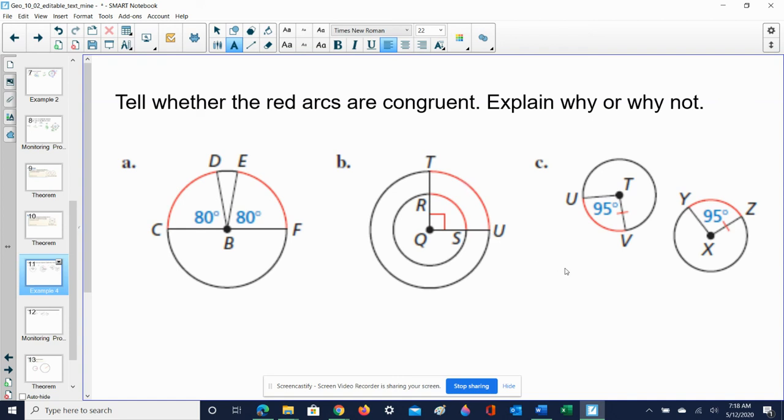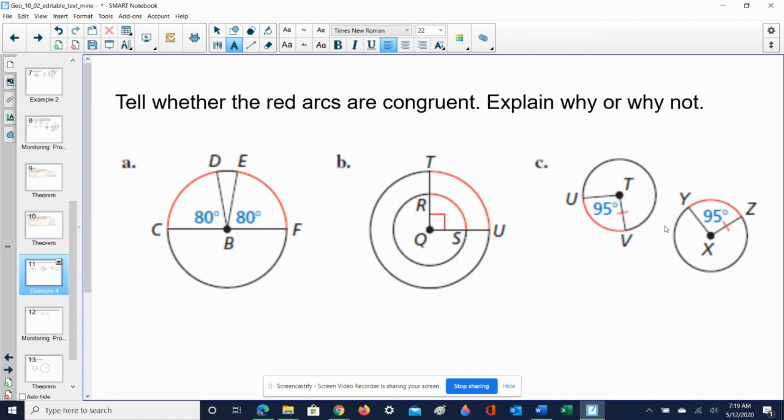At some point, we're going to talk about arc length. Arc length is not the same as the measure of the arc. This arc, both of them are 90, but obviously this is a longer arc than this one. So we will talk about arc length at some point. This is just about the measure of the arc.